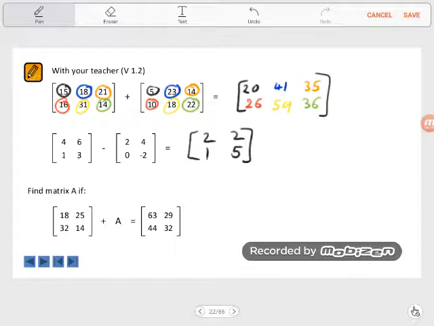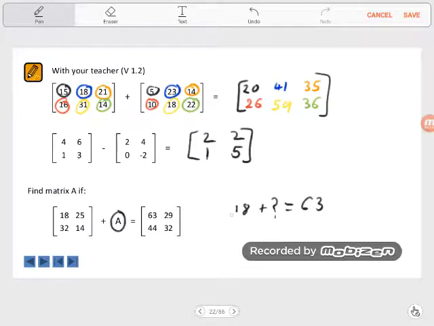All right, now this last one's interesting. What we need to decide is what matrix would go in this spot so that this matrix plus this one would add up to that. So as an example, 18 plus something is going to give 63.